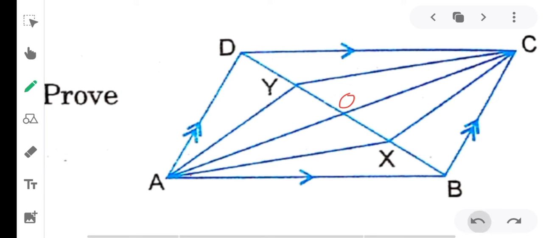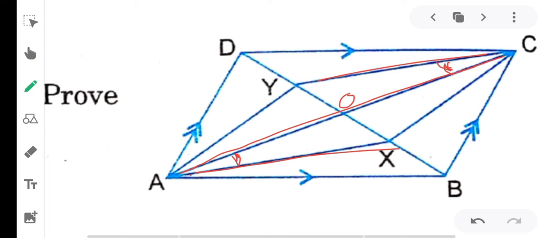And angle YCO equals angle XAO. These are alternate interior angles because YC is parallel to AX, which is given, and AC is a transversal.